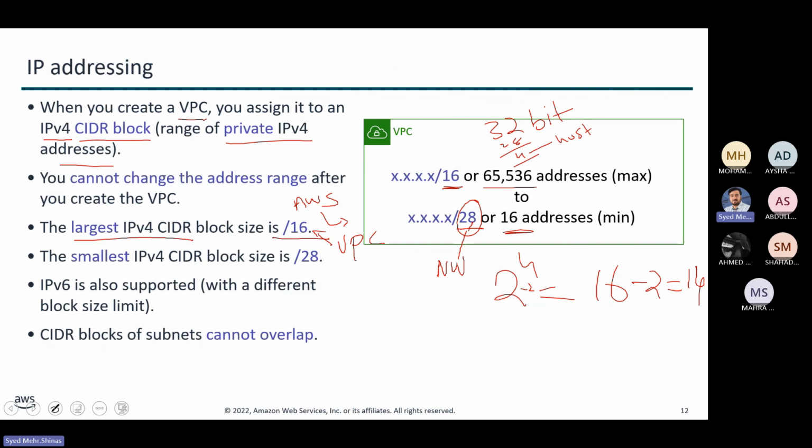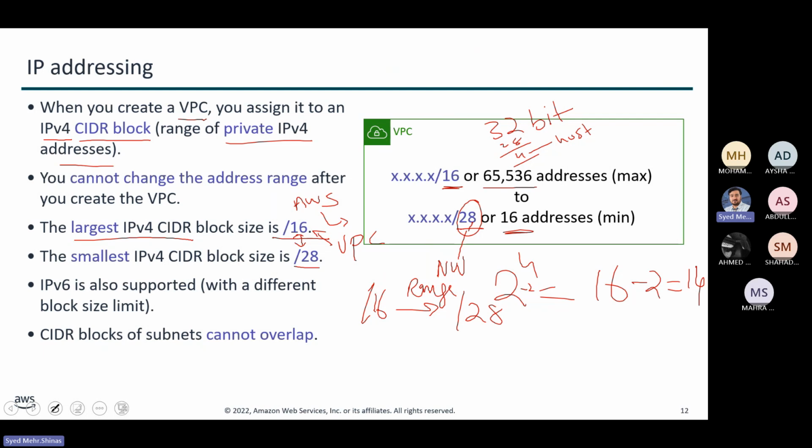It should be in the range of /16 up to /28. The largest is /16, and the smallest is /28. In this range, you can give any network address to your VPC.